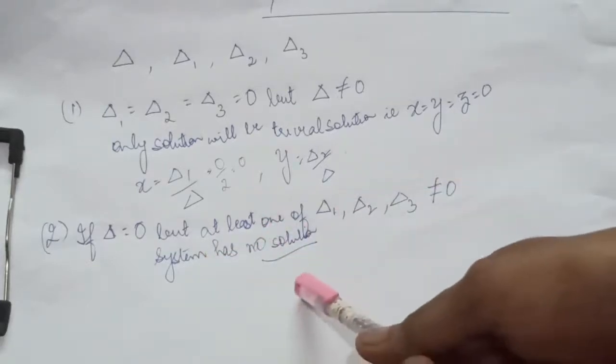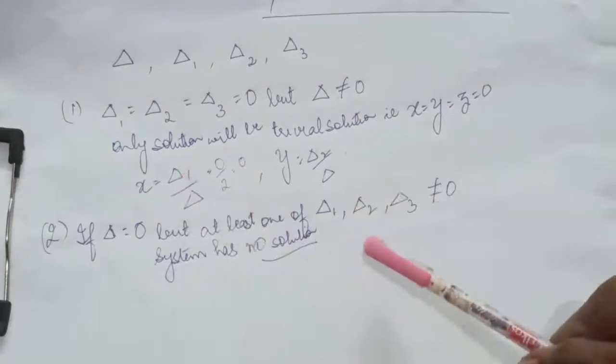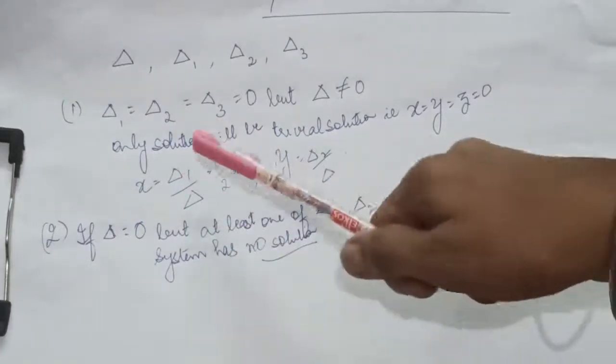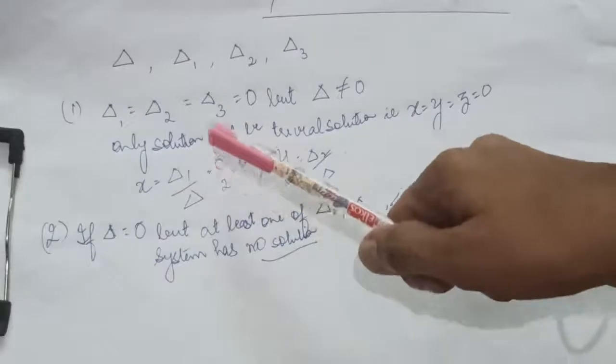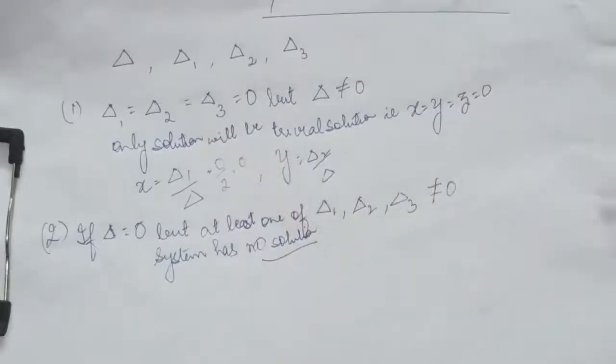Why will the system have no solution? According to this formula, if delta 1 is non-zero, it means it is in the numerator and the denominator is 0. So anything by 0 is not a value. That is why we are saying the system has no solution. Coming down to the third point.